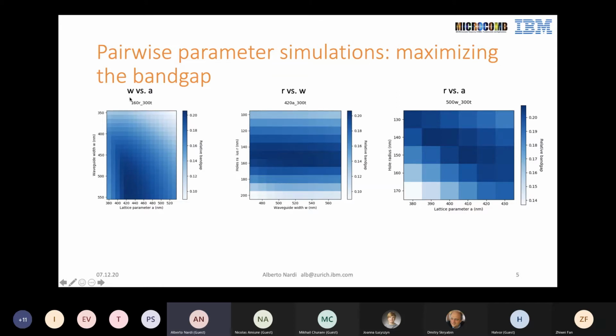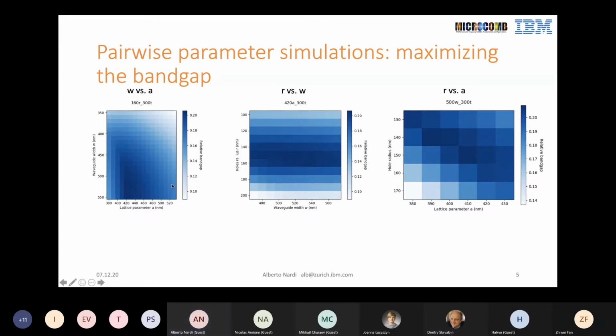So basically we swept the parameters that we can work with in pairs, and we see how the relative band gap, which is basically the band gap divided by the center frequency of the band gap, changes.